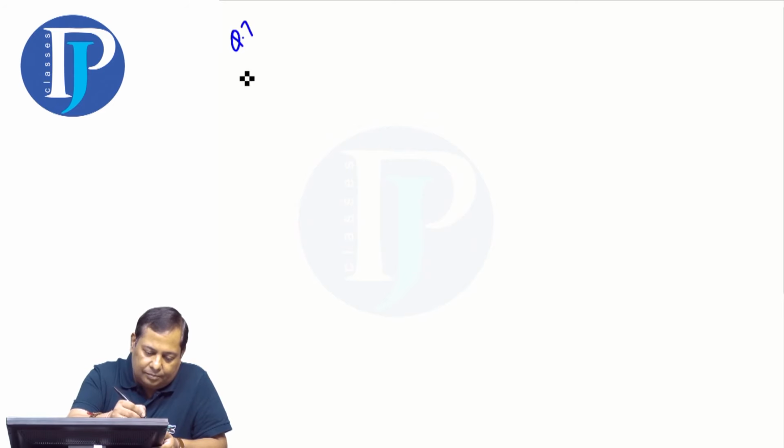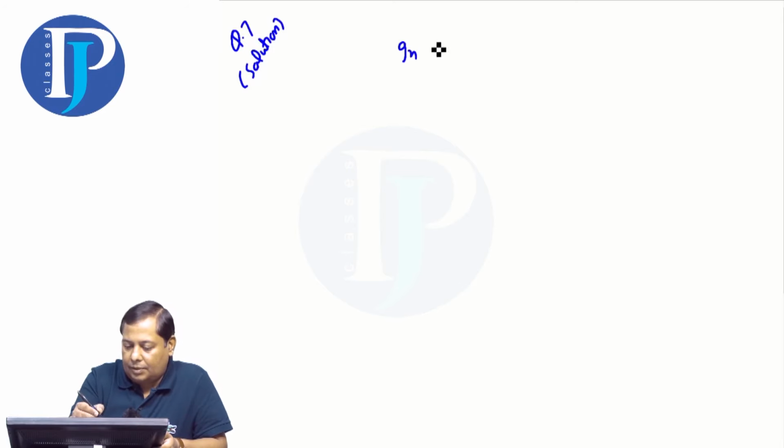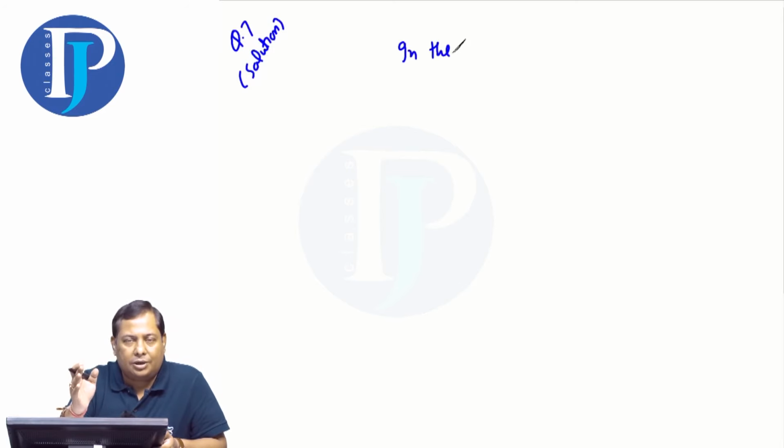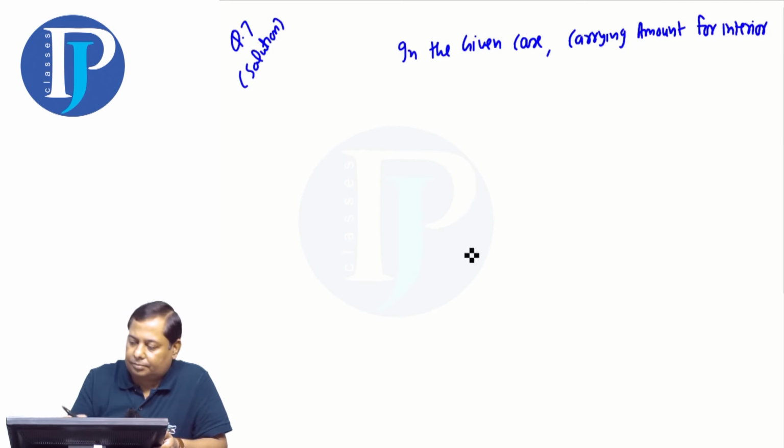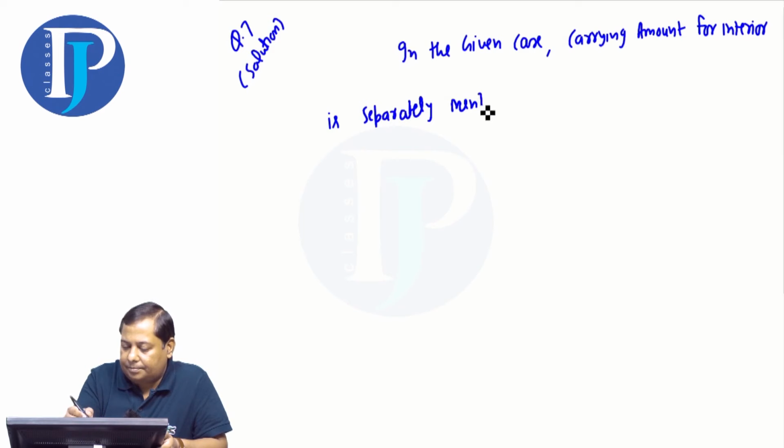Question number 7. Solution. This is a different component question because you have the carrying amount. In this case, the carrying amount for interiors is separately mentioned.